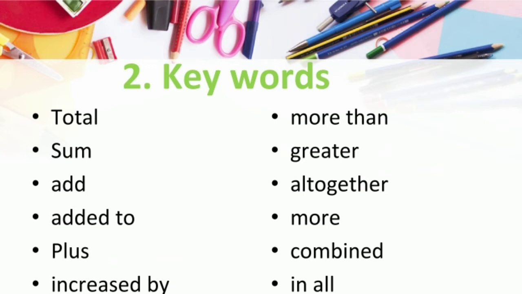Addition keywords are total, sum, add, added to, plus, increase by, more than, greater, altogether, more, combine, in all. These words mean the same as addition. So by these keywords you can easily understand the question is all about addition and you have to perform addition in this question.